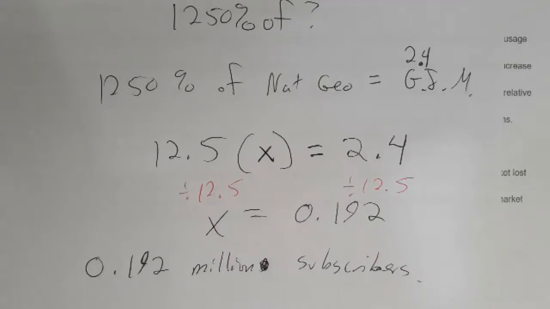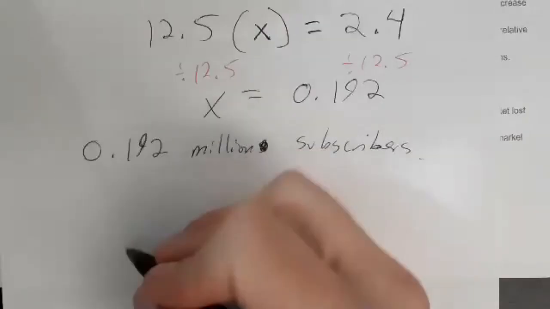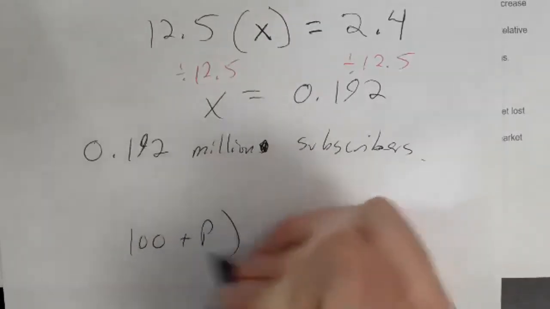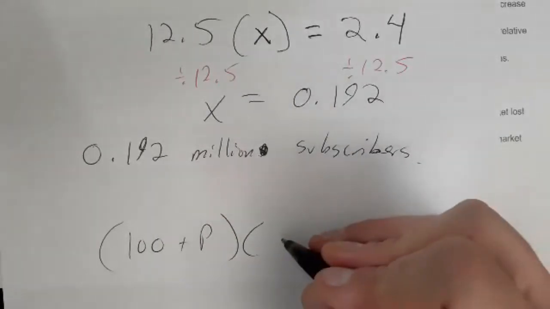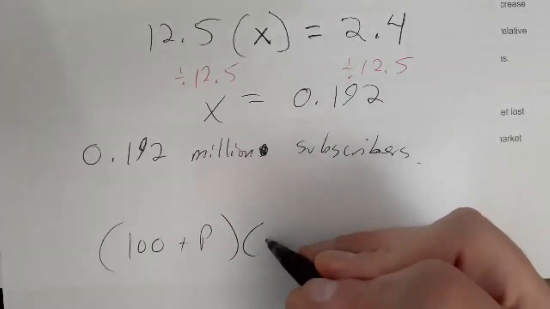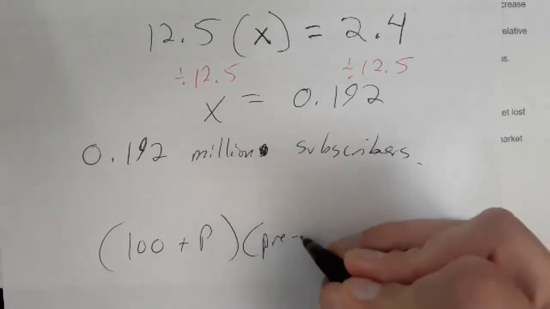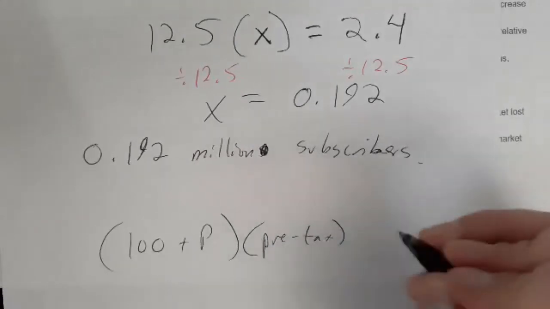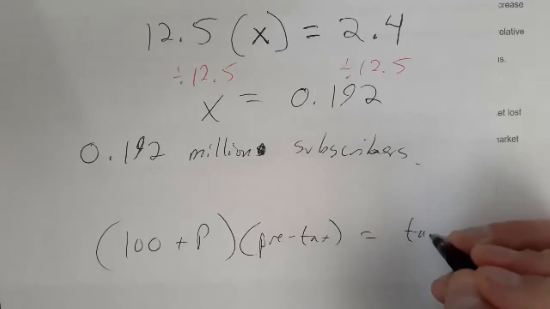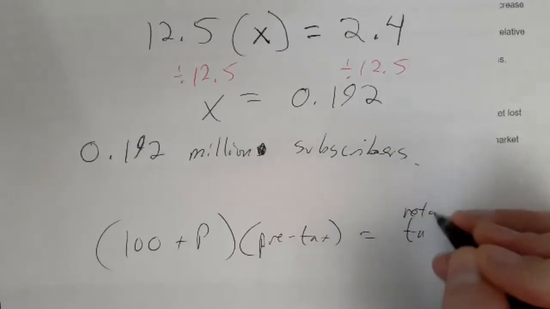This is sort of like the 100 plus P, right, which is what I was trying to do, I think. Yeah, and I kept getting 5.2083. That's what I got too. Well, not 5.2, but 520.8.